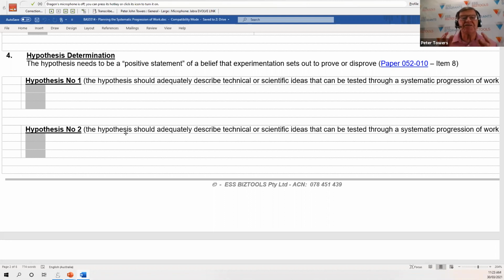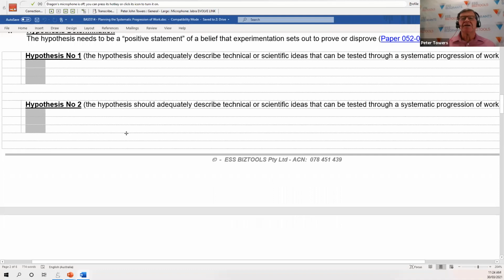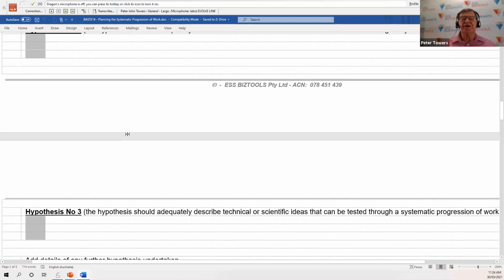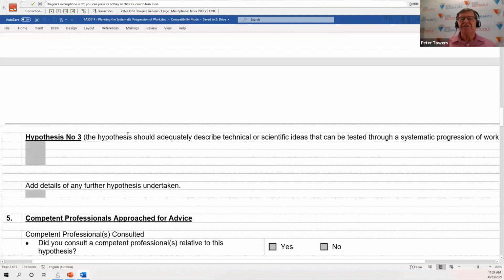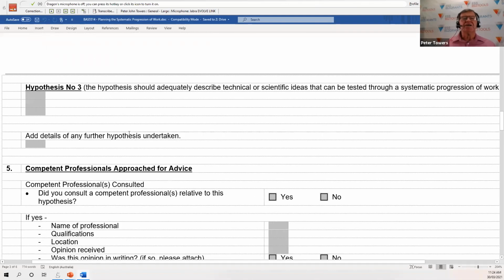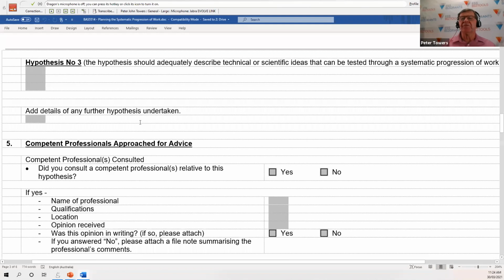The key is that the work is carried out in this systematic manner, and then all of the expenditure is claimable. In other words, the government is not expecting a client to have been very successful in this research and development activity. It could be a complete failure, as long as the systematic progression of work has been undertaken, and as long as the prior art searches were done properly and honestly, then that expenditure is still claimable.